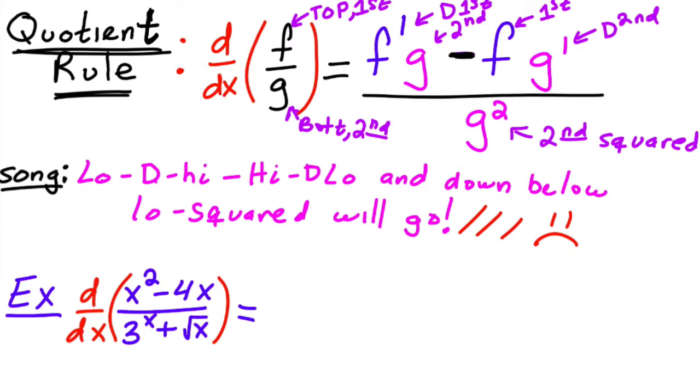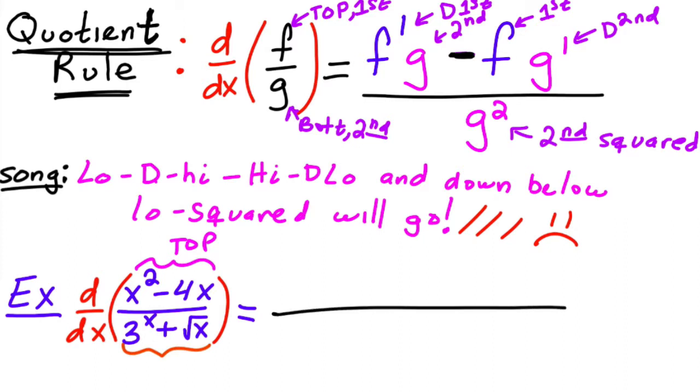I'm going to color the top in this pinkish color, and the bottom will be in orange. Remember, if you just remember to get the derivative of the first or the top first, then you'll always be good to go.